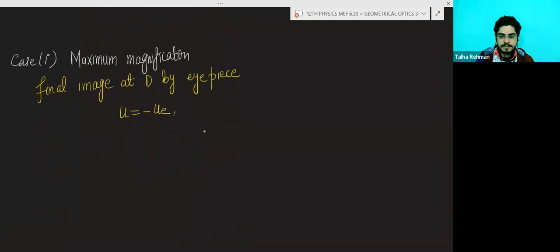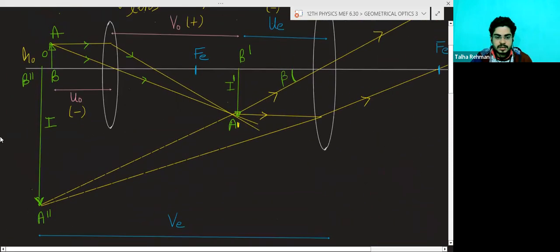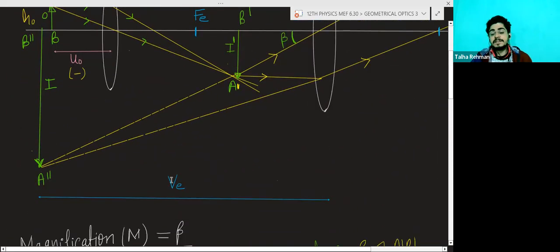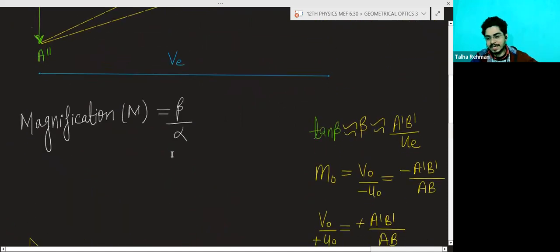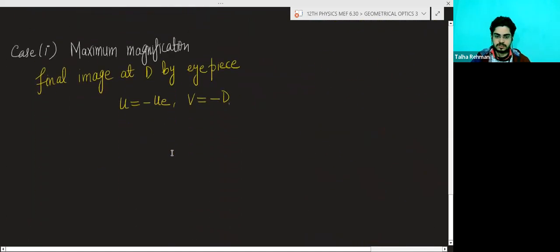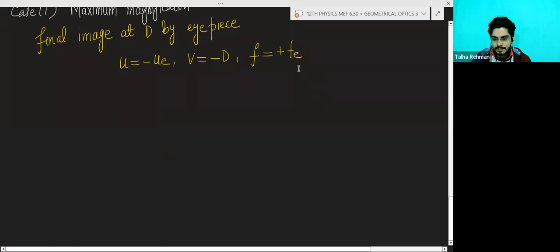So this will be negative, and the final image is formed at minus D. Finally the image is forming here, but this distance becomes D in case of the maximum magnification, and this is on the left side, so we will take minus D. And focal length will be positive because of the convex lens, plus FE, the focal length of the eyepiece.